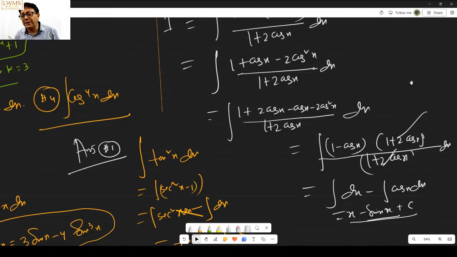Now I am showing you a bit more manipulation. Suppose the sum is like this: 2 sin square 2x into cos 7x dx. Can you tell me how to integrate? Trigo manipulation, I told you how to integrate this.